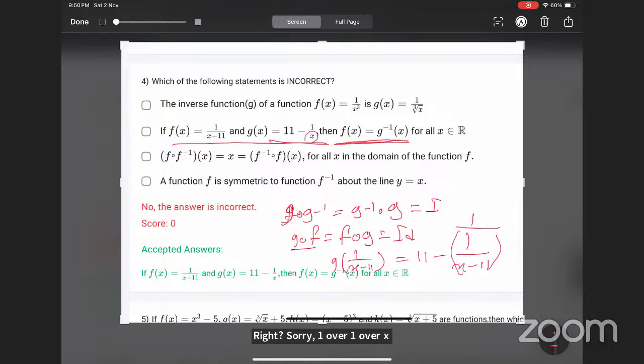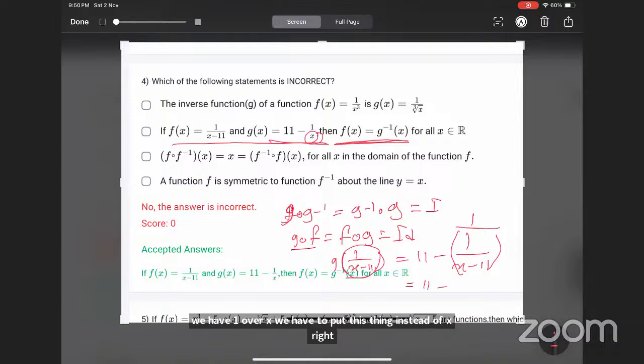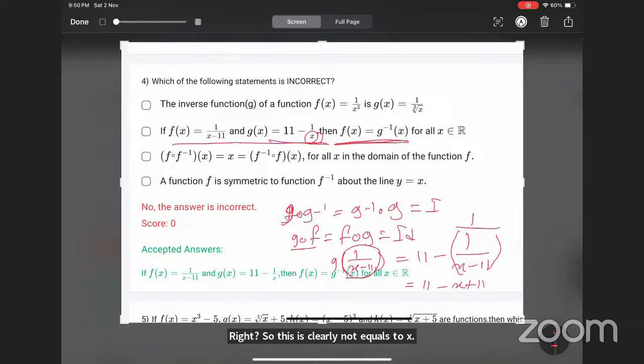Because we have 1 over x, we have to put this thing instead of x. So we will get 11 minus x plus 11, right? So this is clearly not equal to x. Okay, so this is incorrect, right?